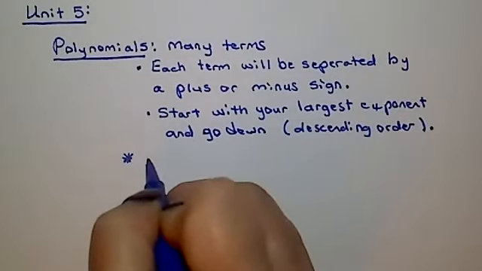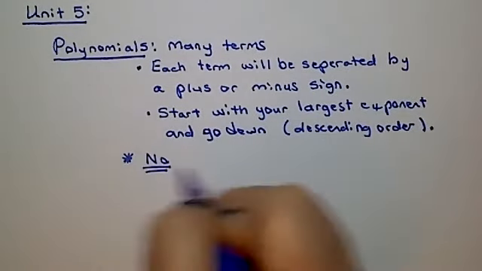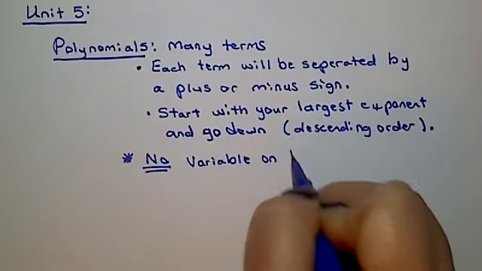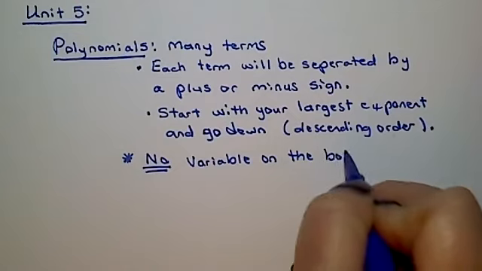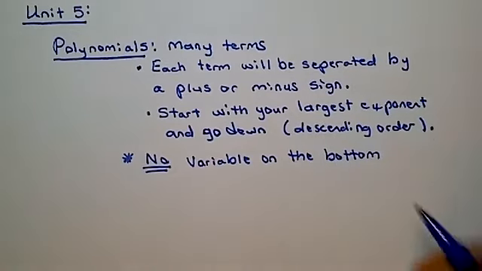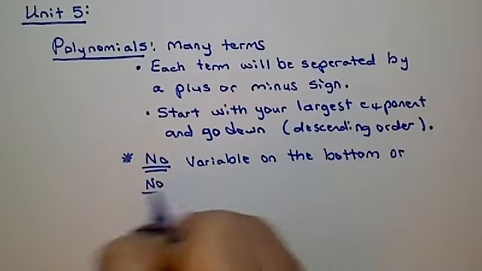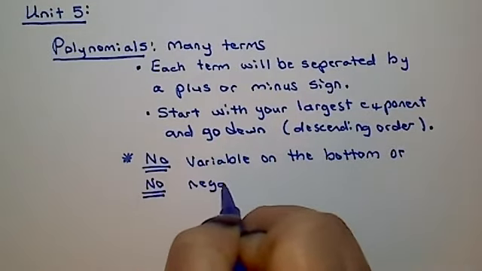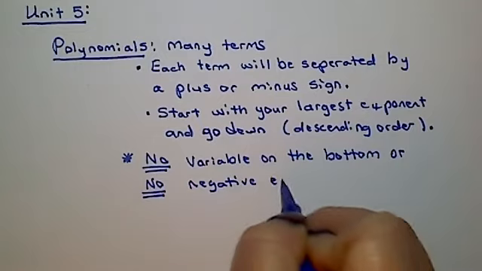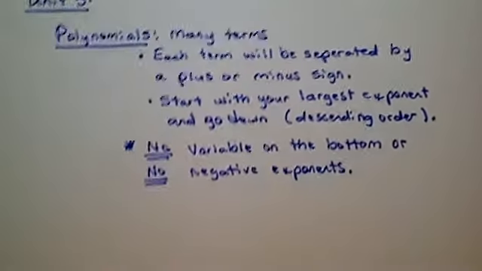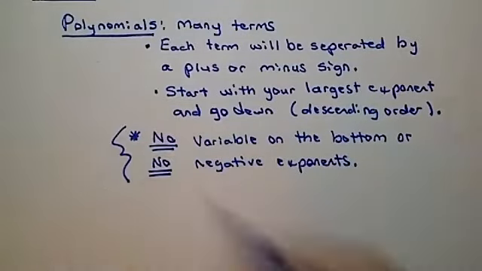Now, in a polynomial, you can have no variable on the bottom, because that's called a rational, or you can have no negative exponents. All of these exponents need to be positive with what we're dealing with right now.